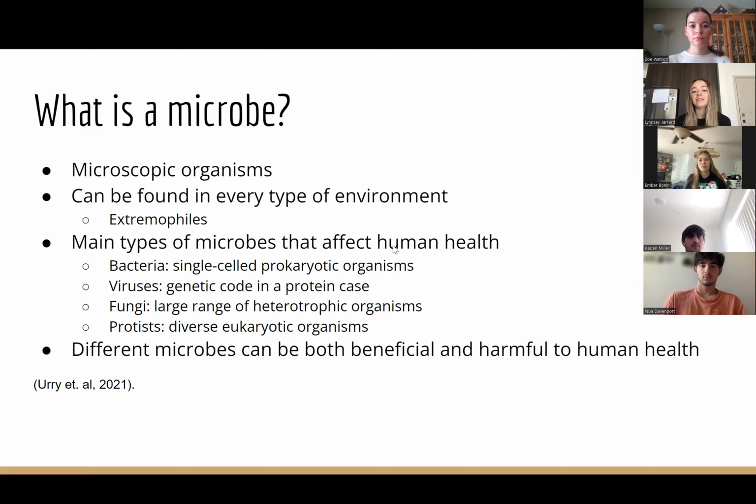And then we have viruses, which are pathogenic microbes that consist of only genetic code in a protein case. They don't have their own organ systems. They have to rely on a host. And then we have fungi, which are a large range of heterotrophic organisms, think molds, mushrooms. And then protists, which are a diverse group of eukaryotic organisms.